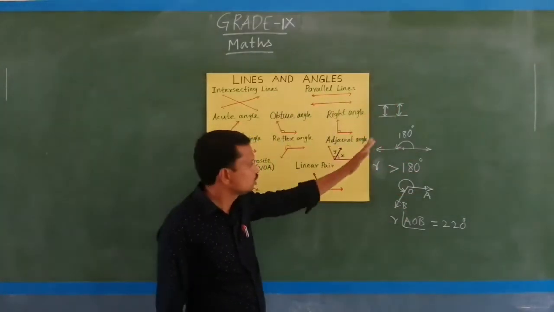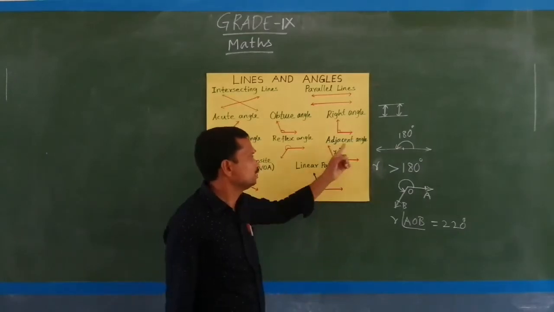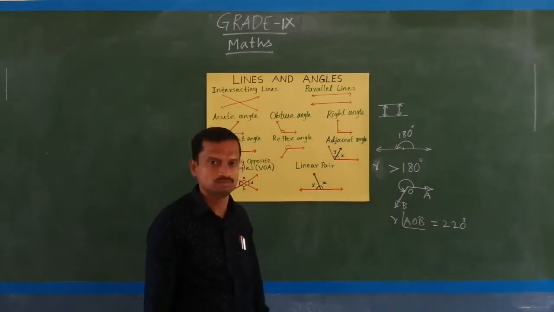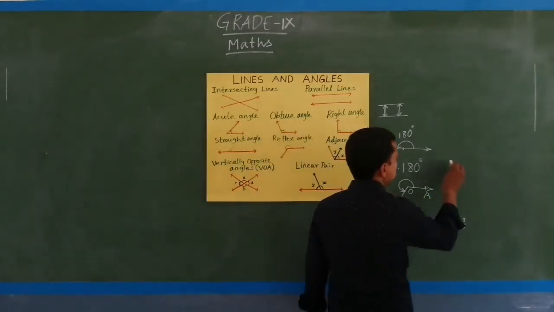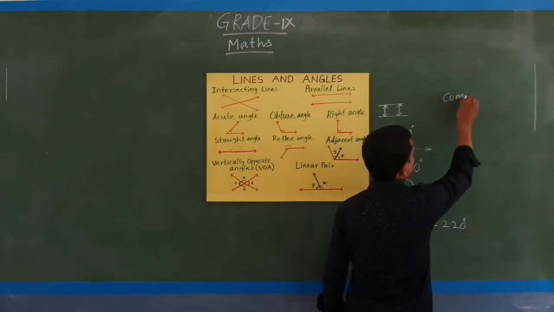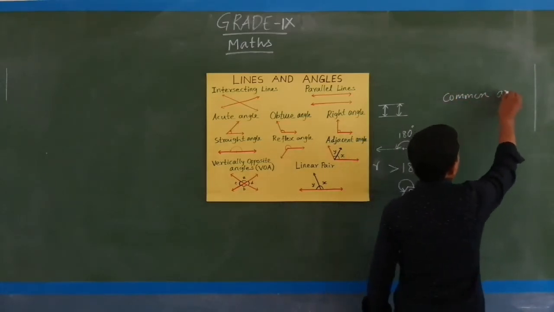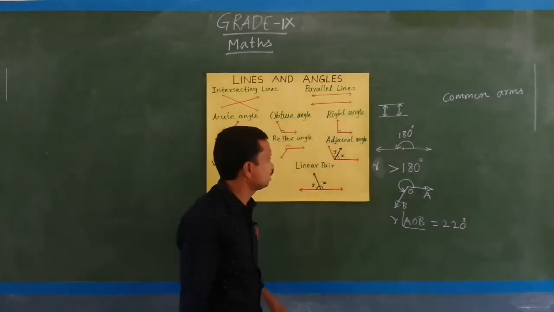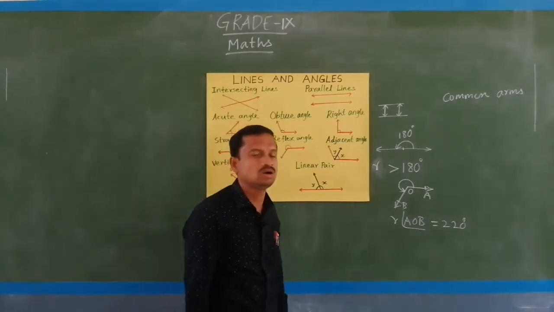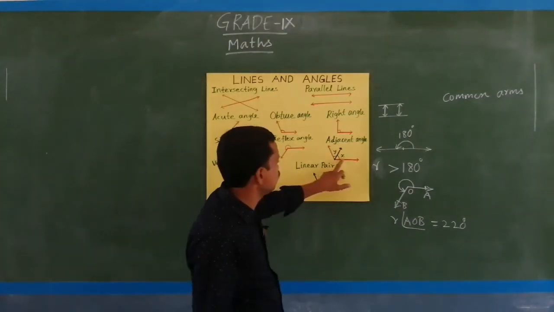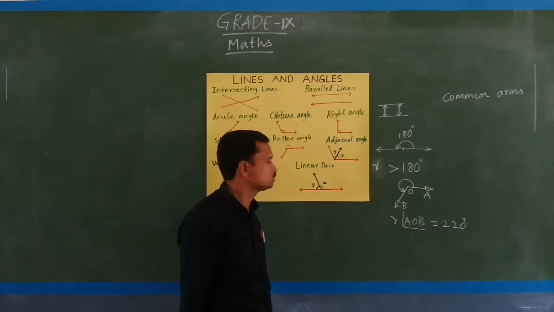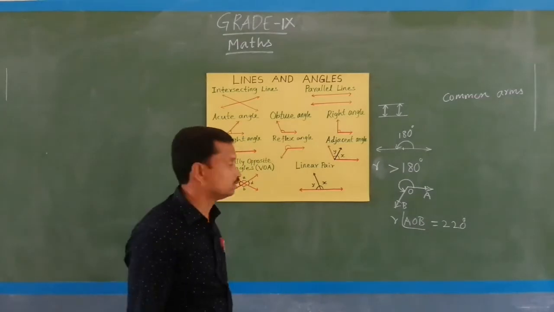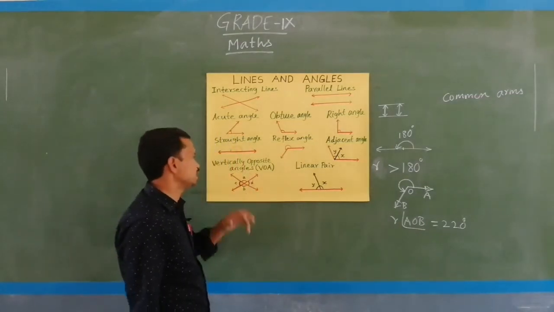So this black color is the common arm, and these two are non-common arms, on either side of it. The small x and small y are two angles which are adjacent angles, nearby angles.